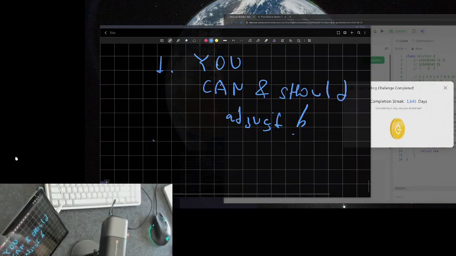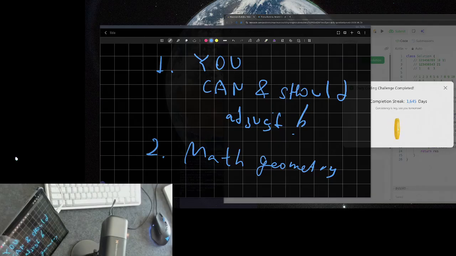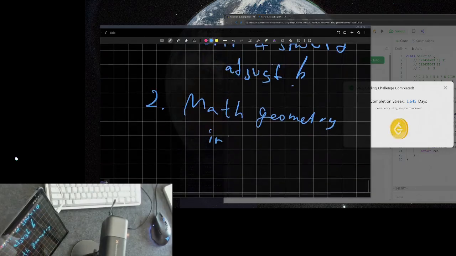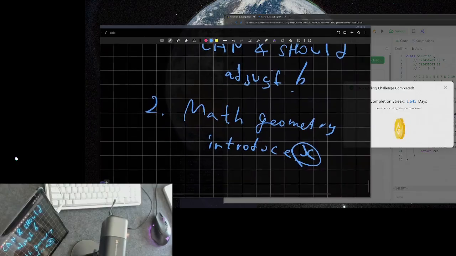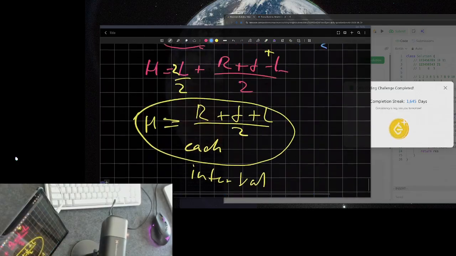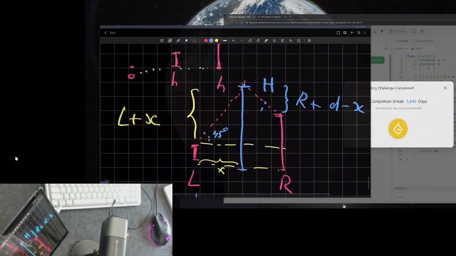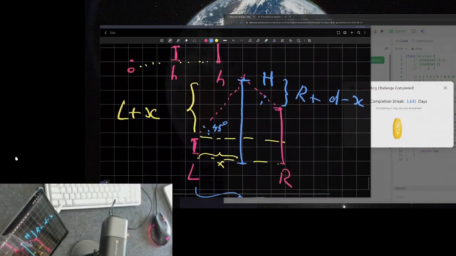And the second hardness is the math geometry: you have to introduce x, and this is a situation where you have to either be very fluent or you have to draw it.